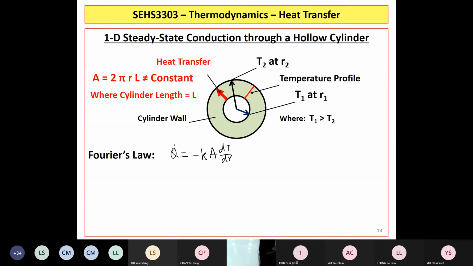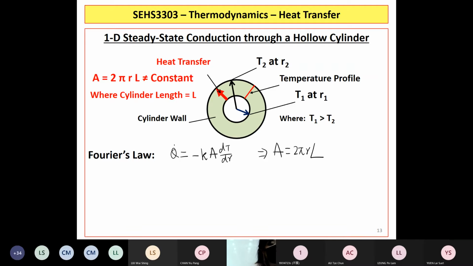But here you should pay attention. Area is no longer constant. The normal area is changing with its radius, right? So it equals to 2 pi r times the length.